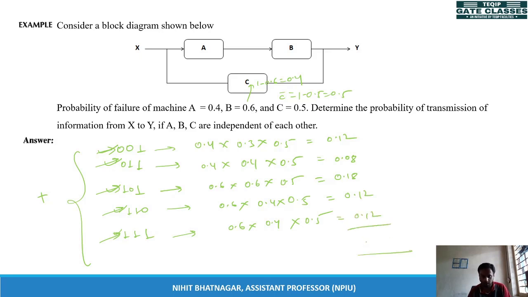After adding all of them, 0.62. So you can see here the probability of transmission of information from X to Y we get is 0.62. Okay, I hope you can understand this question.